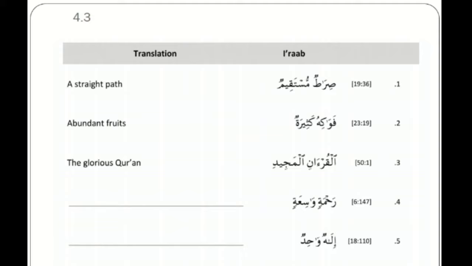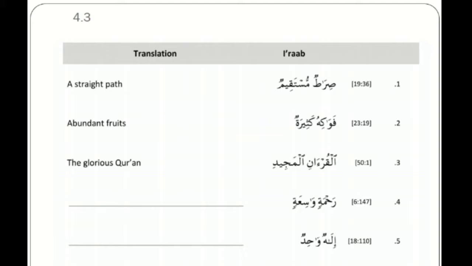Okay. Are you watching now? Number 2. Read number 2 there. Fawakihu kathiratun. What's the meaning of fawakihu? The meaning of fawakihu is fruits.